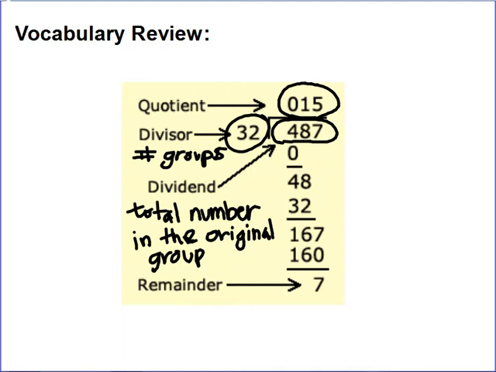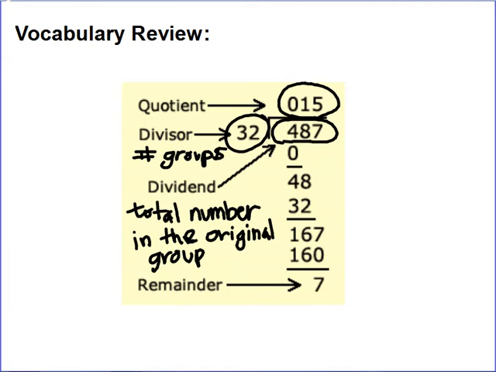But what would it be if we didn't want to call it our answer? If we didn't want to say, well, the quotient's the answer to a division problem. What is the quotient actually? If we took 487 tiles, and we divided those tiles into 32 groups, what would 15 be?